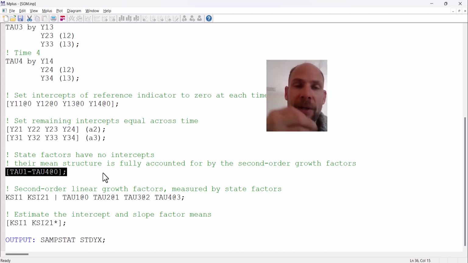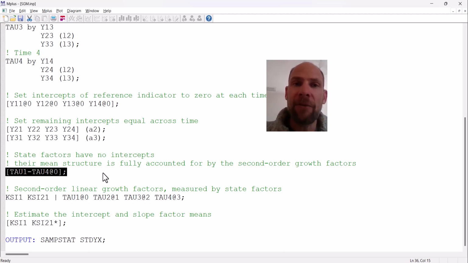So there is a second order intercept factor that represents the mean structure at time 1, and there's also a growth or slope factor that represents the mean growth rate. So the mean change comes from the slope factor and the initial mean comes from the intercept factor, and therefore we don't want those tau factors to have intercepts, because that would mean that there would be some other source of a mean structure, and that doesn't really make sense.